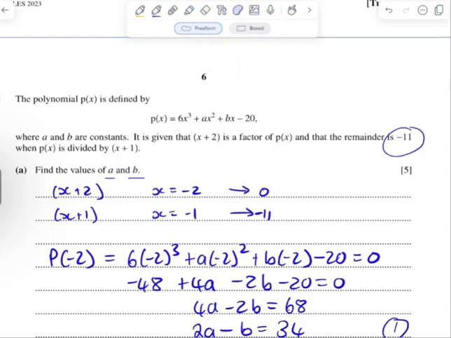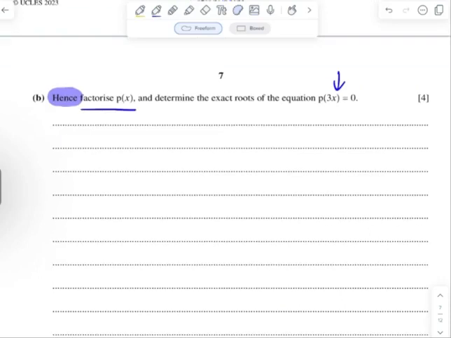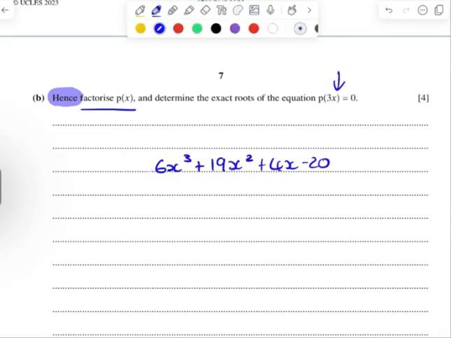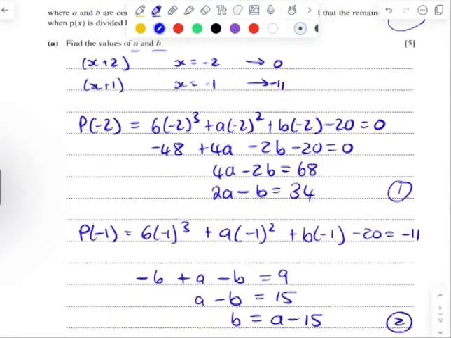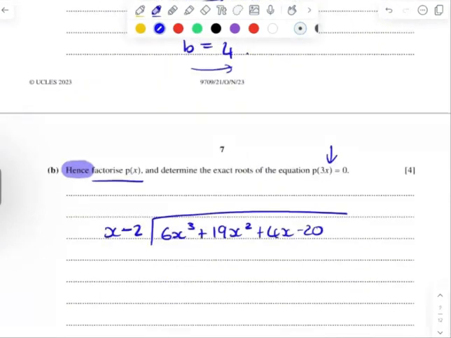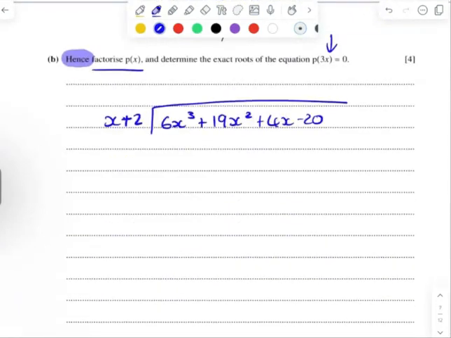Okay, and we know that x plus 2 is a factor. So sometimes you can do this by inspection, but I'm just going to do polynomial division now. Is it x minus 2? x plus 2 is a factor. So we know that if we divide our polynomial by x plus 2, we should get 0 as a remainder.